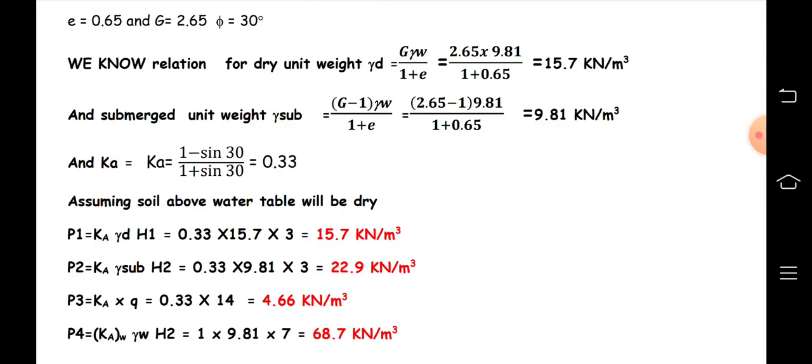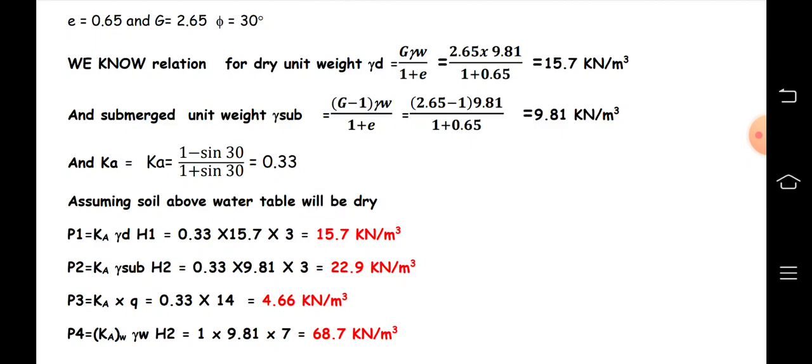Or you can use gamma saturated minus gamma w, but no gamma saturated is given. So here we use the formula (G minus 1) into gamma w upon 1 plus e, that is (2.65 minus 1) into 9.81 upon 1 plus 0.65, which is equal to 9.81 kilonewton per meter cube.